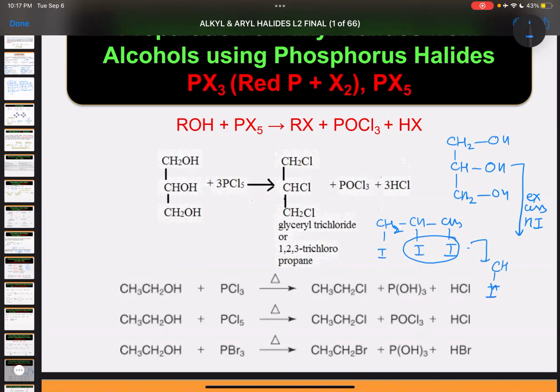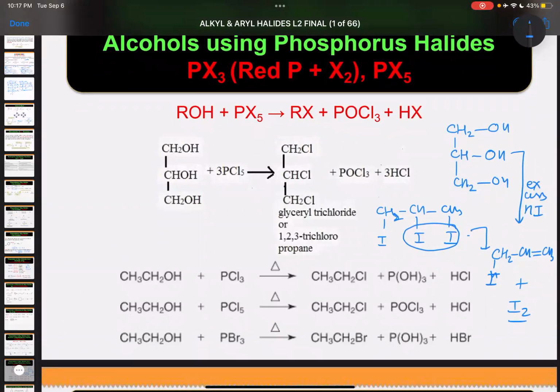So remember that if you want to add iodine to a double bond, that also doesn't happen, because you will have two adjacent iodines on the carbons, and that will break. Is it clear? Agreed or not? But you need to have the concept in mind, which I told you just now. Just write it: vicinal diiodides are unstable.